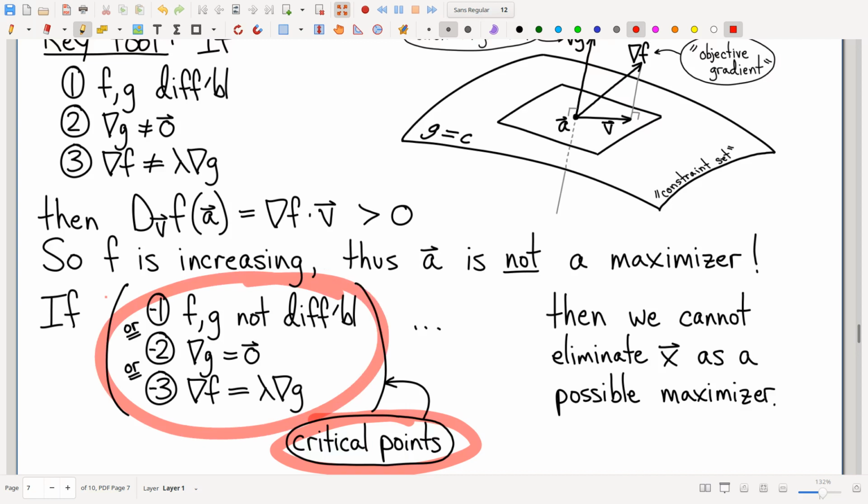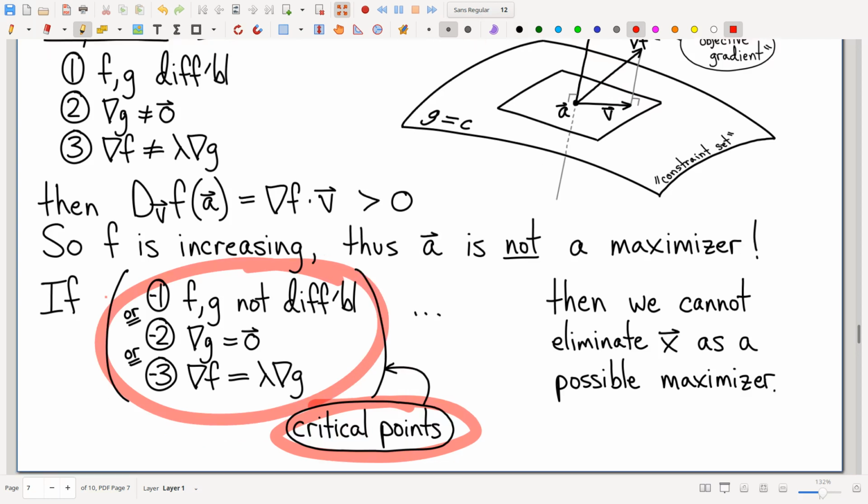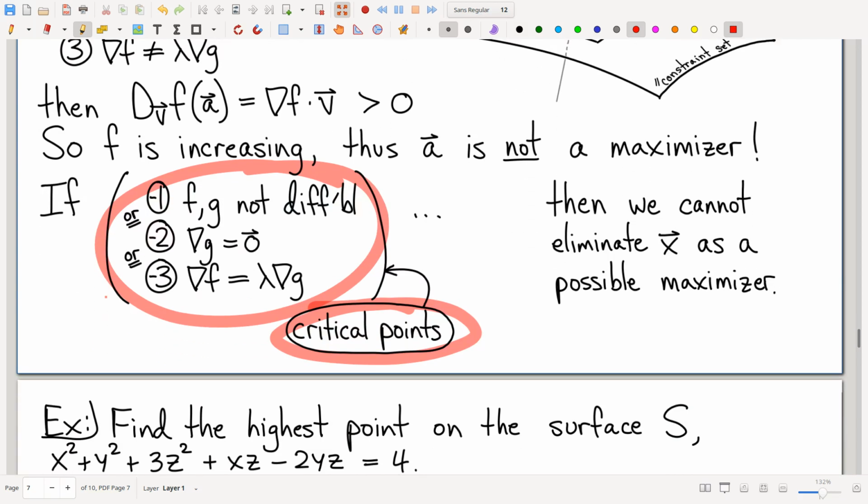And here are the three things that you have to check. Now again, very important to go through all of these. It's weird to me, but it seems like a lot of students just like to gloss over the first two and get right to number 3. And I think the reason for this is that the actual maximizer, most of the time, comes from condition 3, but not always.